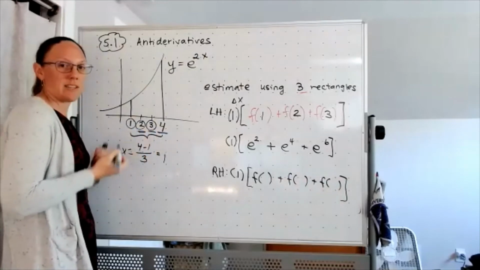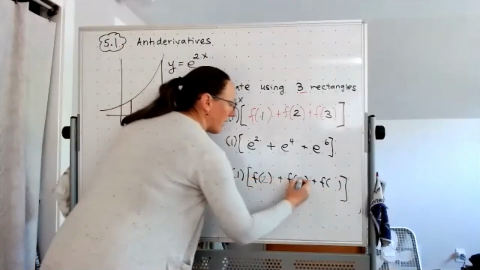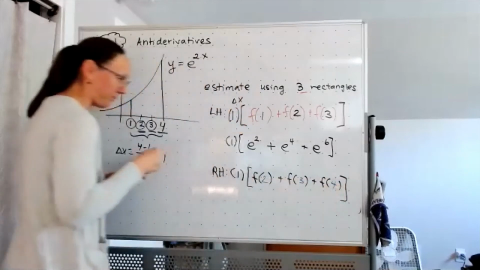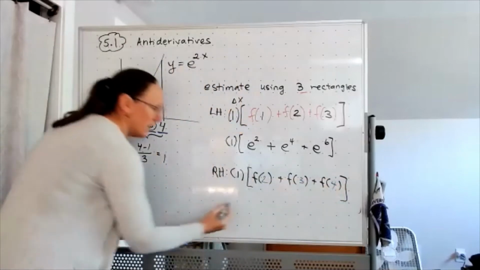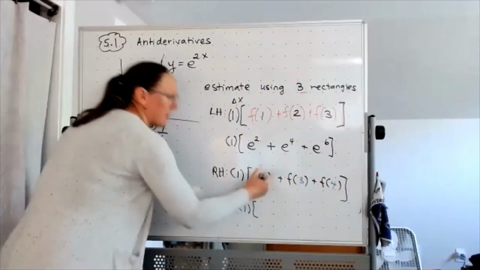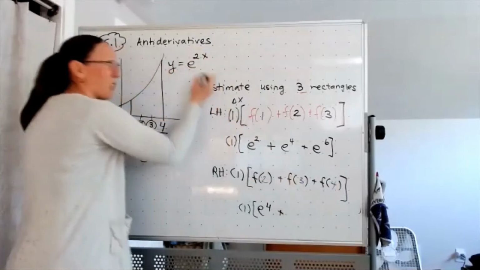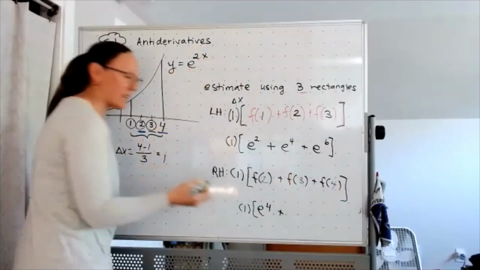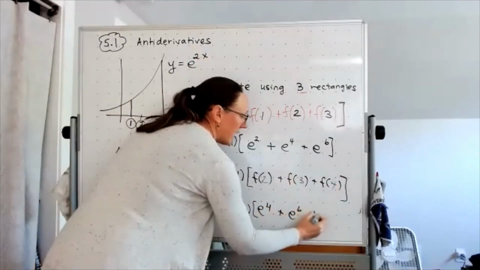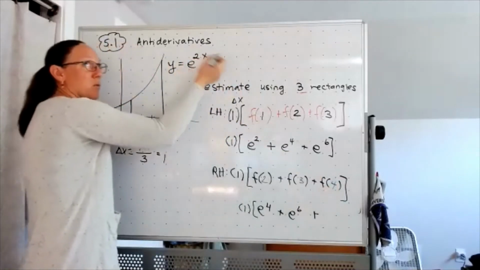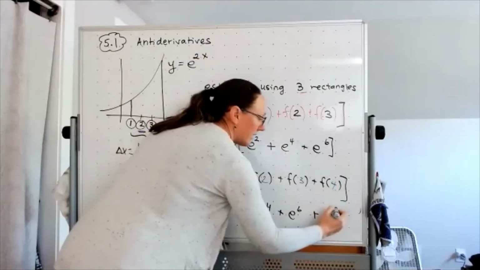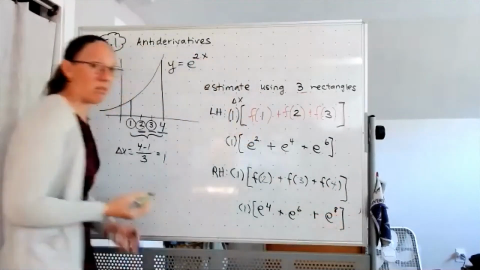So when I put those in, f of 2, f of 3, f of 4. I'm going to have 1 times, when I plug in 2, e to the 4th. When I plug in 3, 2 times 3, I get 6, e to the 6th. And when I plug in 4, 2 times 4 is 8, I've got e to the 8th.